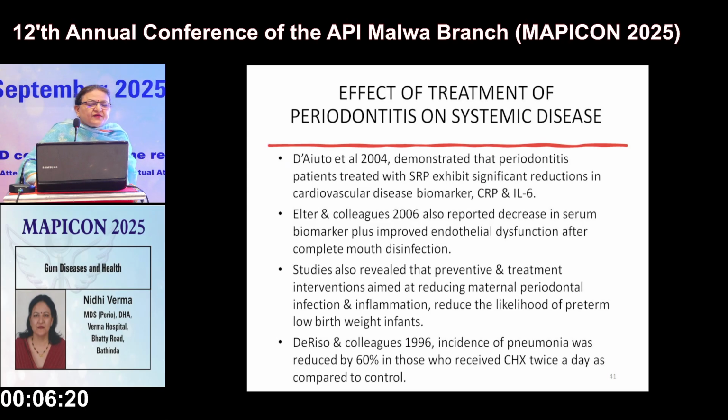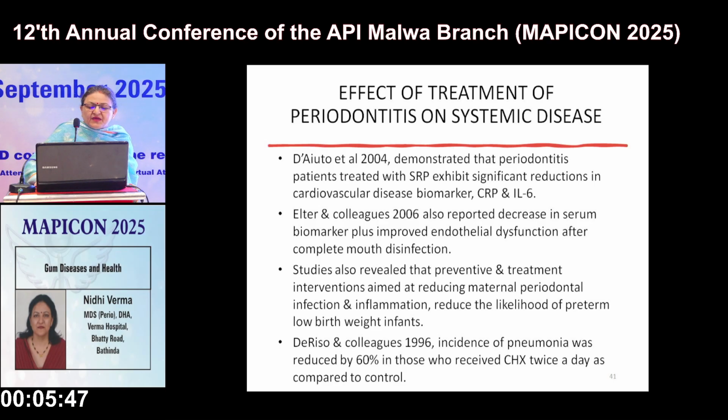So, the effect of treatment of periodontitis on systemic diseases. It is demonstrated that if periodontitis patients are treated with SRP, that is scaling and root planing, they exhibit a significant reduction in cardiovascular disease biomarkers. It is also reported that if the mouth is disinfected, there is a decrease in serum biomarkers, and preventive and treatment measures for periodontal infection reduce the likelihood of preterm low birth weight infants.